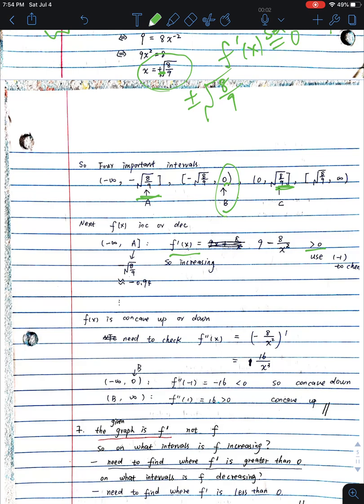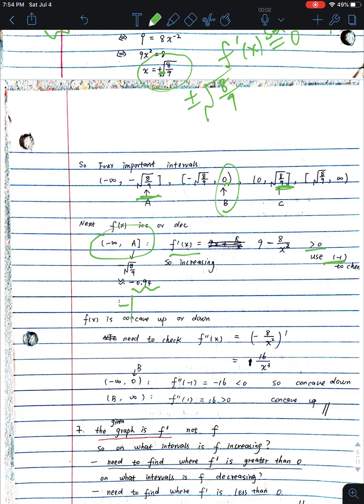For example, for the first interval, negative infinity to A, which is negative square root of 8 over 9, around negative 0.94, you can use any value inside this interval, like negative 1.